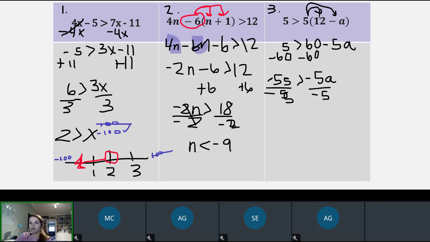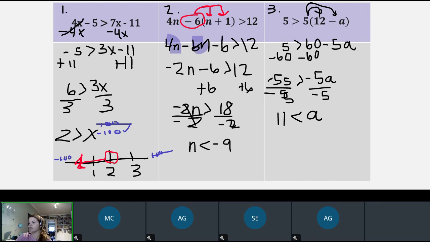Good, write it as an inequality. Yep, so we're going to get a positive 11. Okay, we got to write it as an inequality. So -55 divided by -5 is going to be positive 11. We're going to flip our sign and we get a.